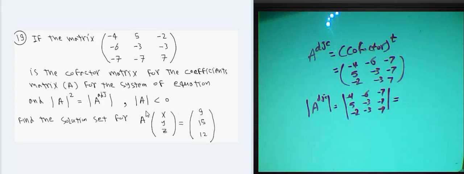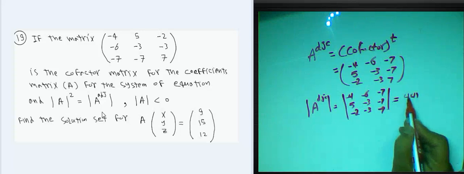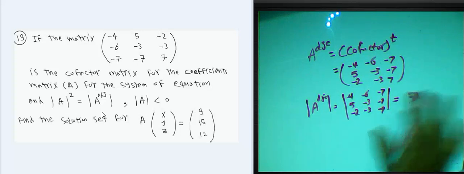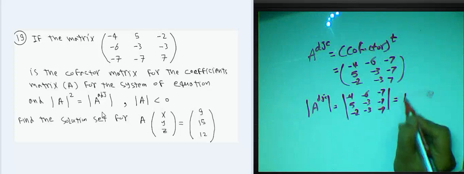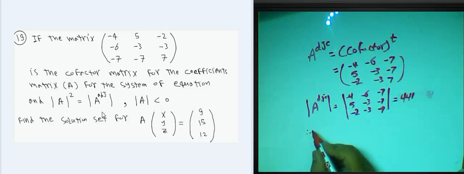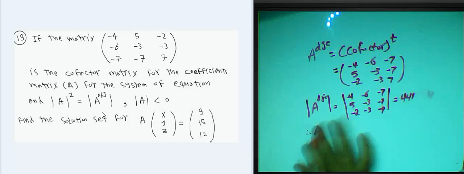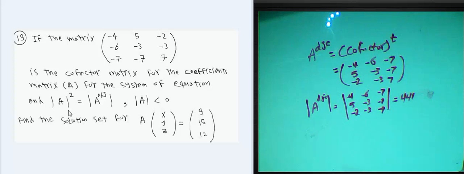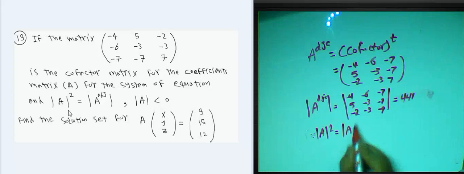He gives us determinant A to the power 2 equal to the absolute value of the adjoint. The result here, by using a calculator, will be 441. Then for A to the power -1, we can find the inverse, but he gives us this information such that determinant A to the power 2 equals the absolute value of A adjoint. We can find the square root here.